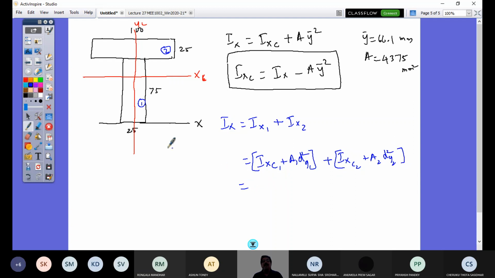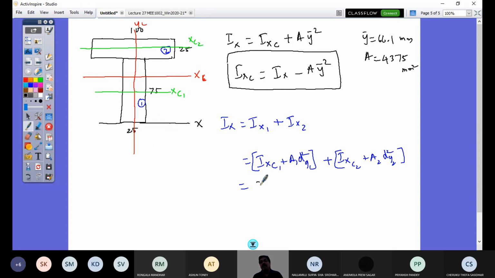So what is Ixc1? It is about its individual centroidal axis. So this is the Xc1 axis, and this is the Xc2 axis. So for the first rectangle about the x-axis, I should know Ixc1 plus the parallel axis theorem. So if I do that, it is BD cube by 12.